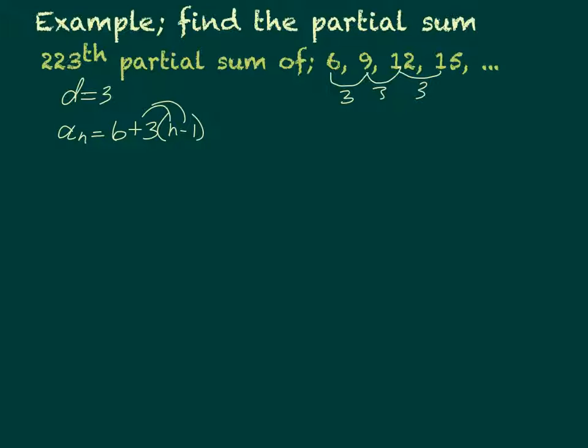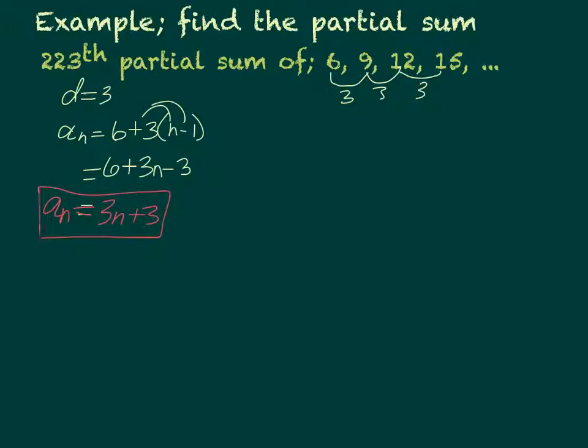Simplify. So 6 plus 3n minus 3. Simplifying completely, a sub n equals 6 minus 3, which is 3, so 3n plus 3.